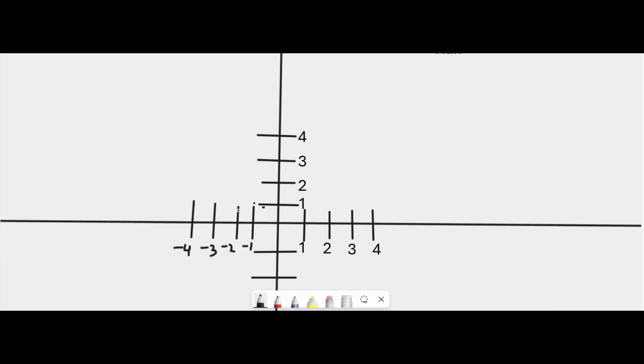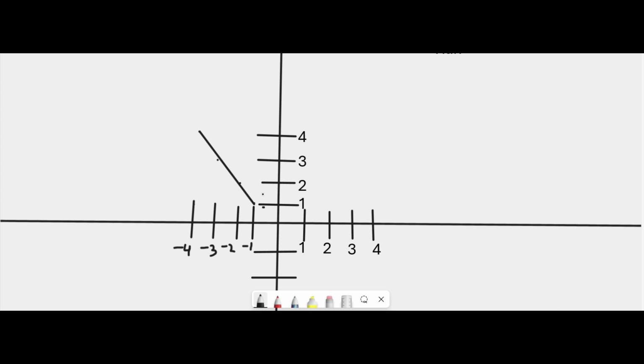And then we go to negative 2, 2, and then negative 3, 3, negative 4, 4. The graph isn't perfect, but it basically is. Just pretend that all the dots are on the line.